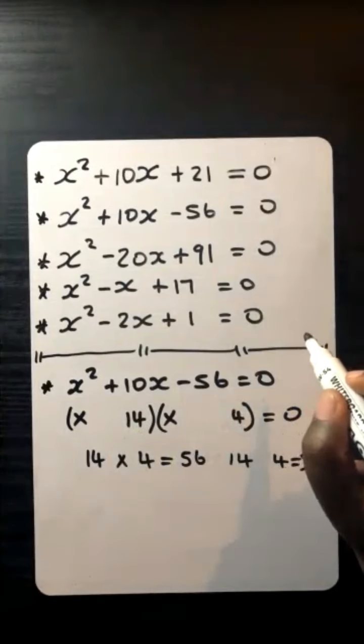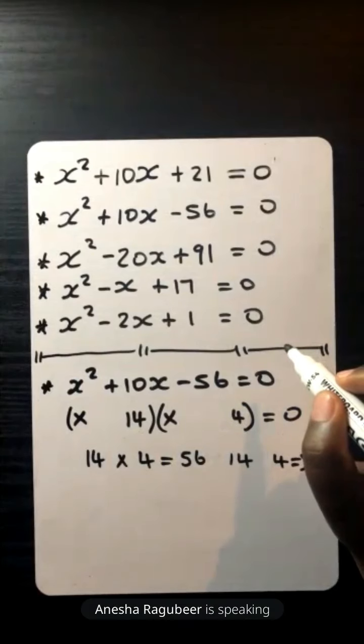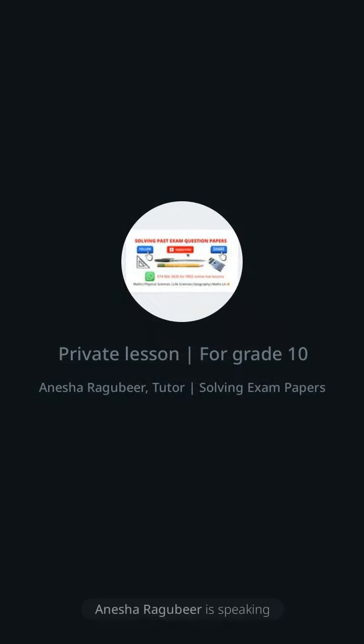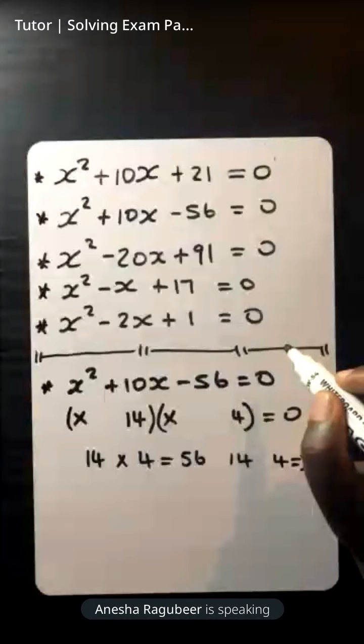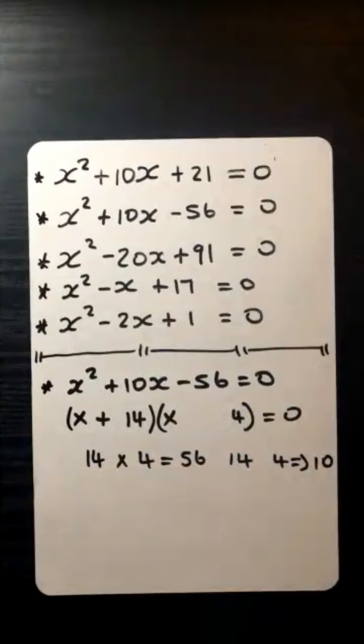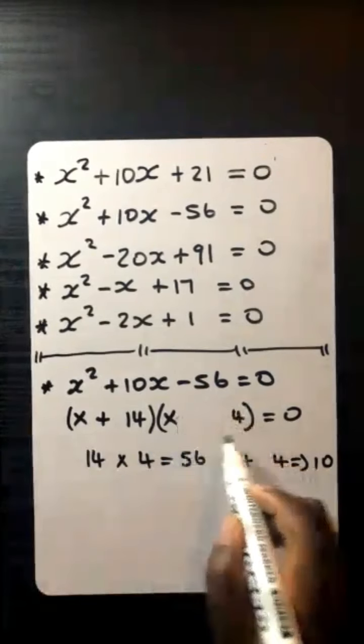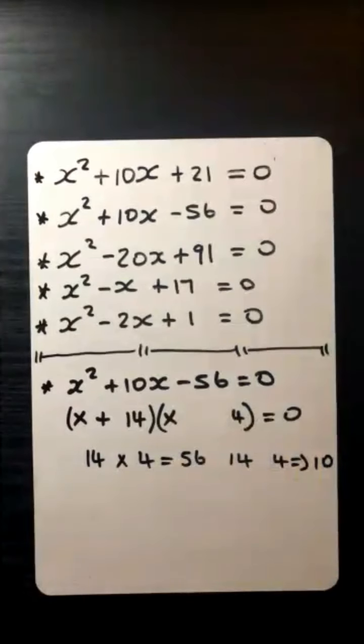What happens from here, Shreyas? So the bigger number takes the sign of the middle term. Which means 14 is positive, isn't it? Yes, sir. Then how do we get the sign for that 4? Do you want to give it a try, or should I do it for you?